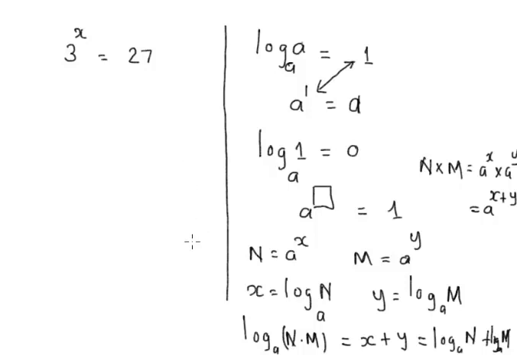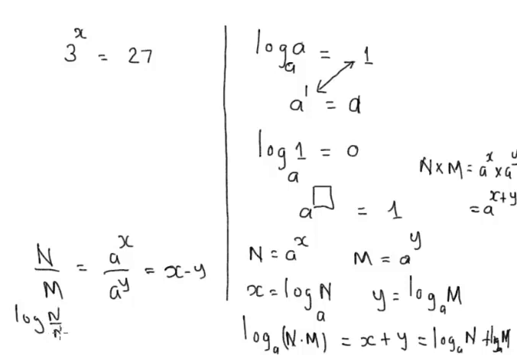Then you can easily proceed to division. If you take n divided by m, then what have you got there? You've got a to the x over a to the y. We know this reduces to x minus y. Then when you come and say, what is the logarithm of the quotient n over m?